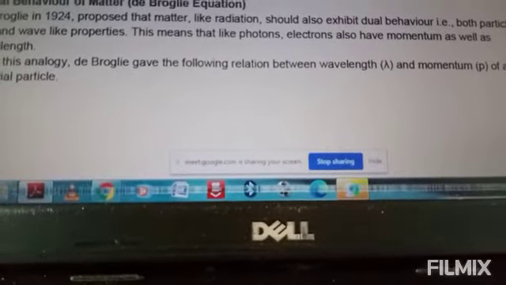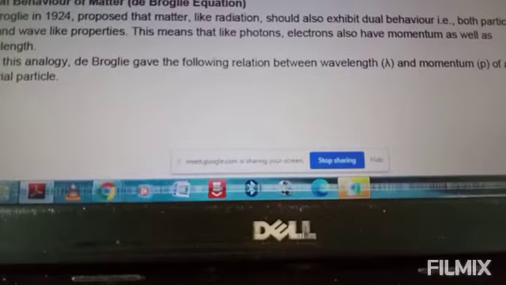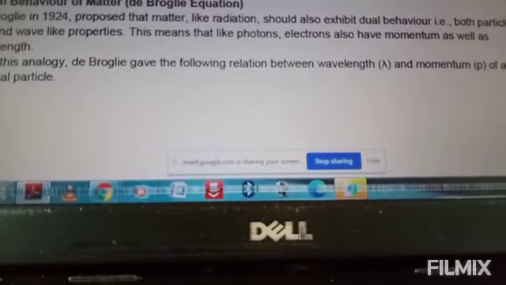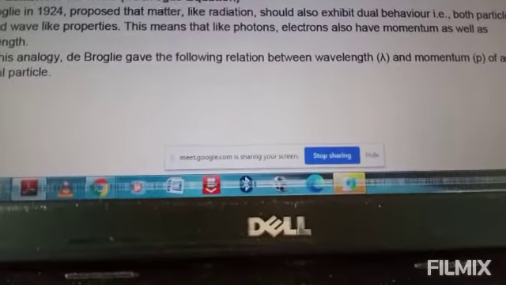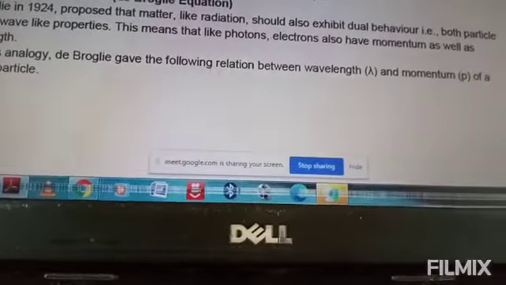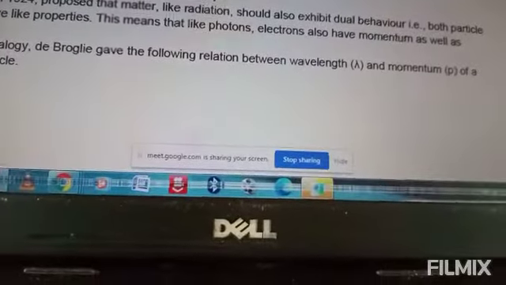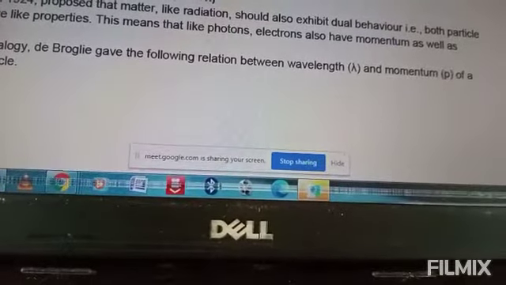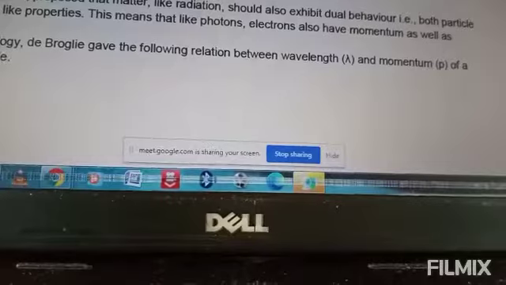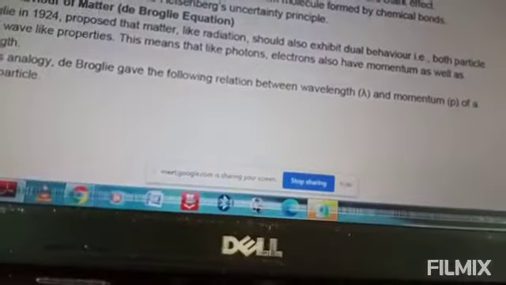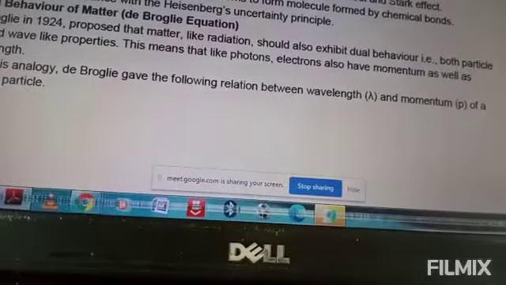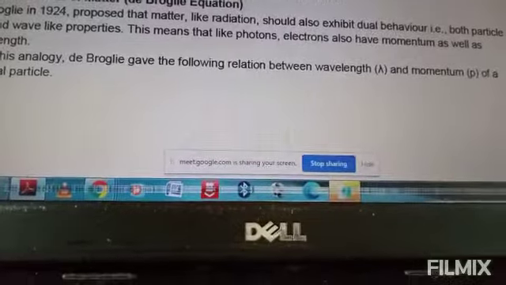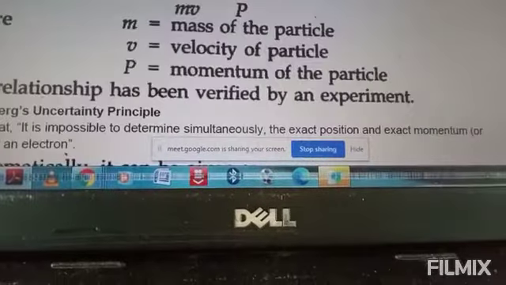So from this analogy, de Broglie gave the following relation between the wavelength and momentum of a moving particle: lambda equal to h by mv. So mv means we have momentum p, so lambda equal to h by p.